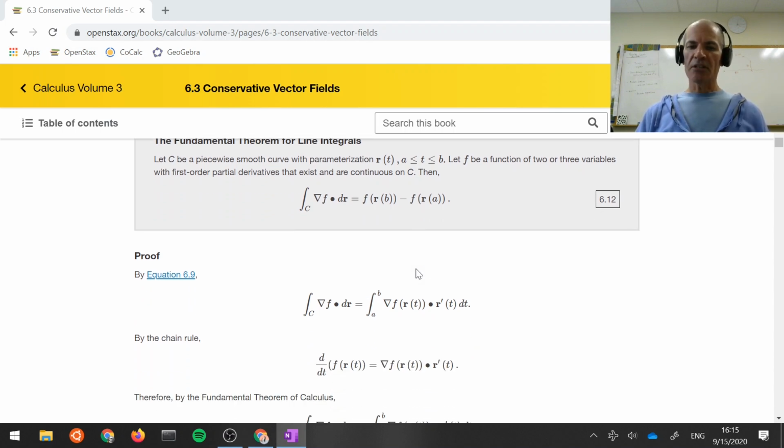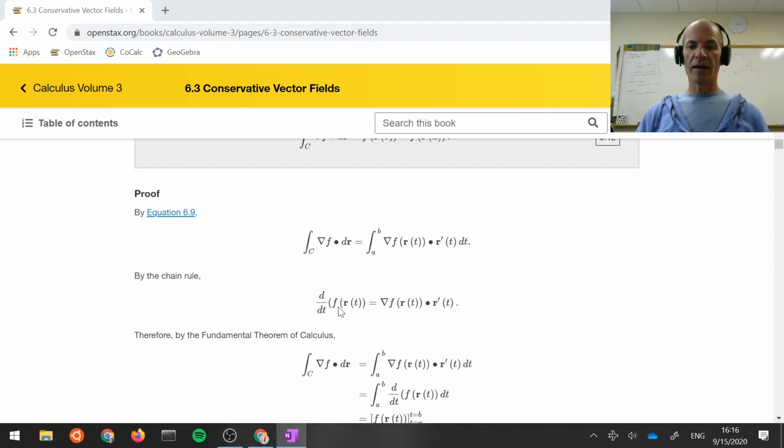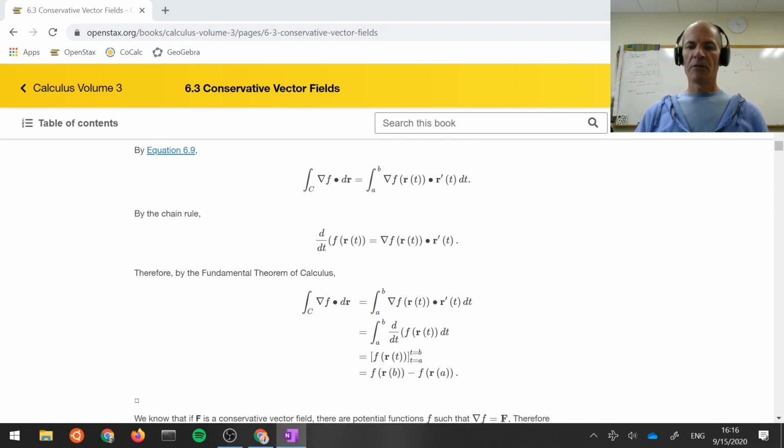The proof is actually relatively simple. We start with the integral of the gradient of f dot dr, and we compute the line integral. And what we observe is that the derivative of f of r of t, by the chain rule, is just the gradient of f of r of t dotted with r prime of t. If you plug that in, what you end up with is a regular old fundamental theorem of calculus.